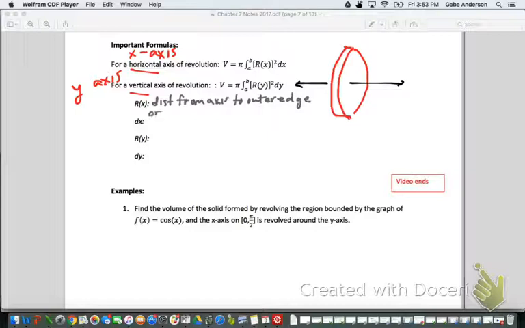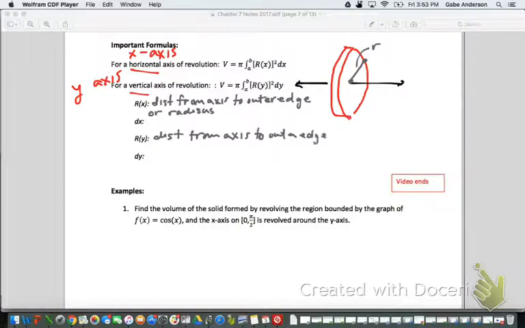Or you could just think of it as the radius, right? If you think about that disk, the distance from the axis of rotation would be from here, right in the center, out there to the outer edge. That could be thought of as a radius, right? And of course, r of y is the same thing. I'll just put distance from axis to outer edge.